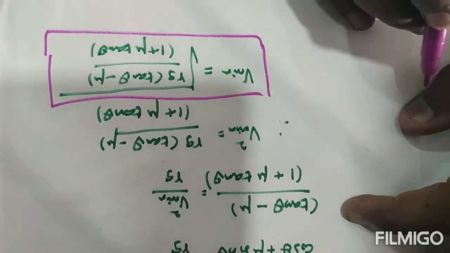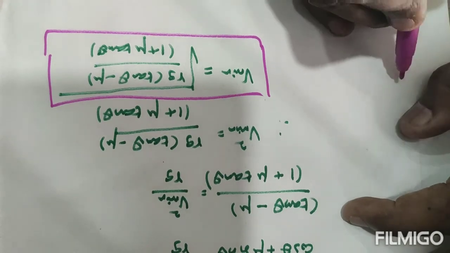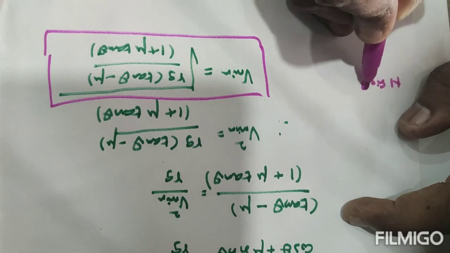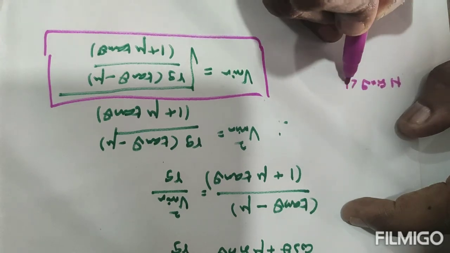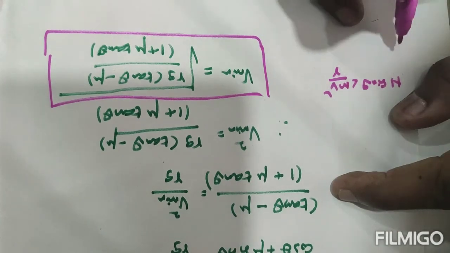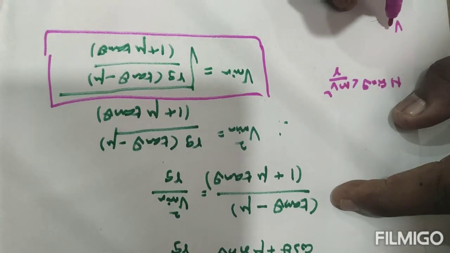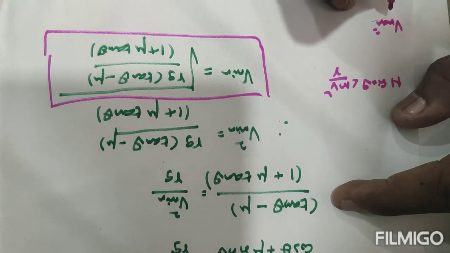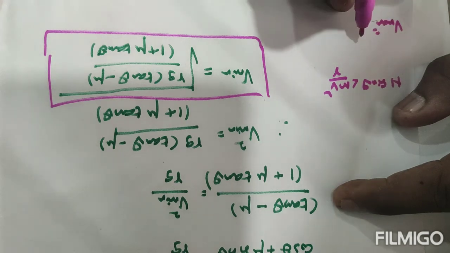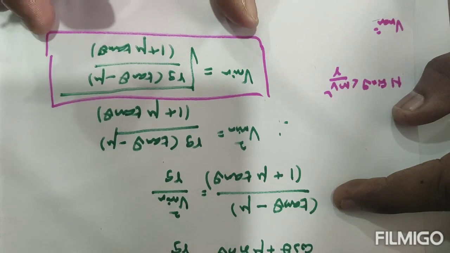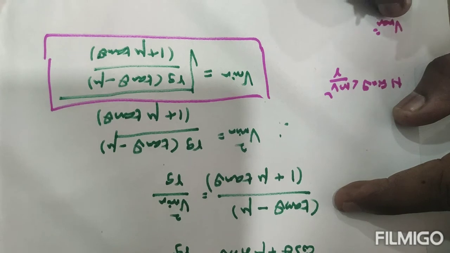So remember the previous case: if N sin theta is less than mv squared divided by r, what is the answer? That answer is V max, the maximum speed to avoid skid outside. Here it is the minimum speed to avoid slip inside. So this is the formula to avoid slip inside, and this is the formula to avoid slip outside.